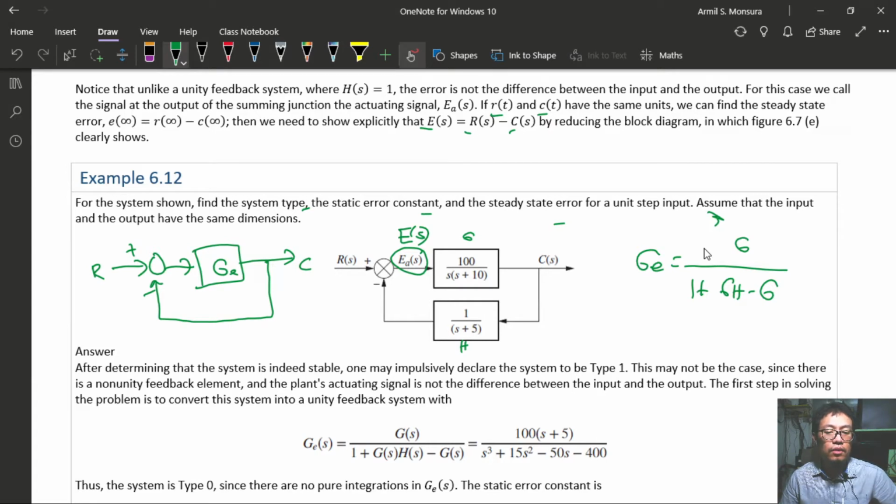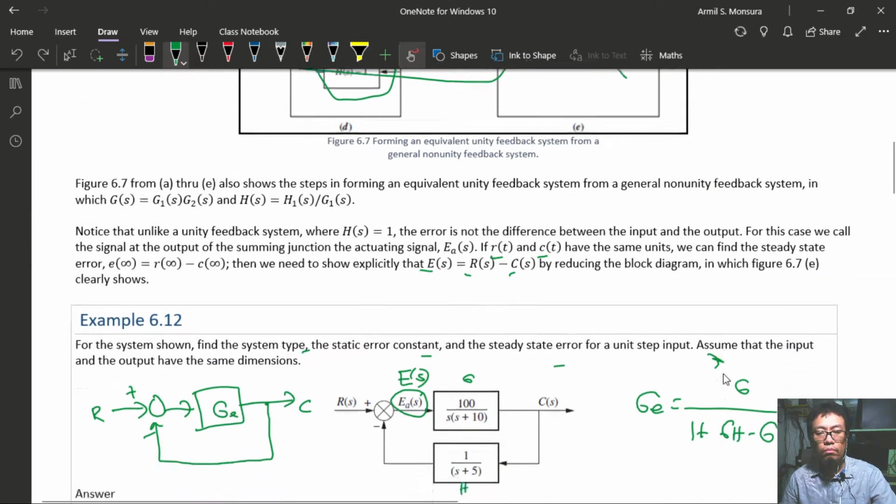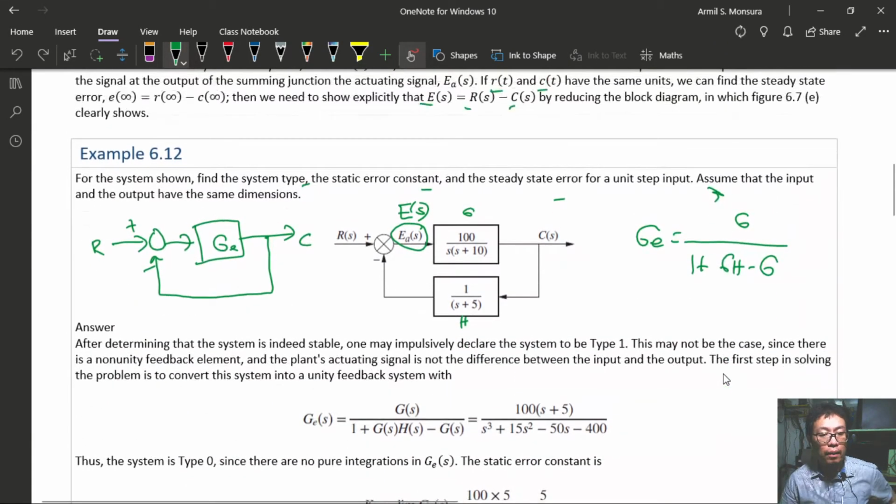So again, we remember na kapag meron kayong input transducer dito, you have to multiply the transfer function of that input transducer dito. Tapos you have to divide that dito sa feedback. Pero since wala naman tayong input transducer, meron tayong unity transfer function, then we can simply have this as G and your H.